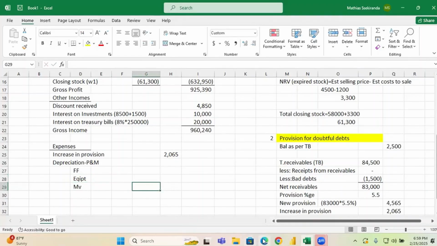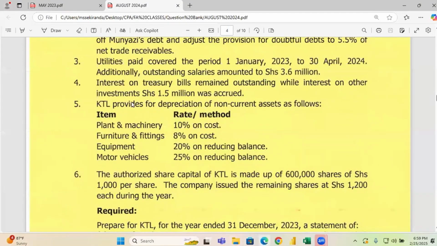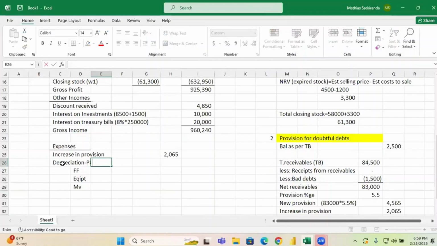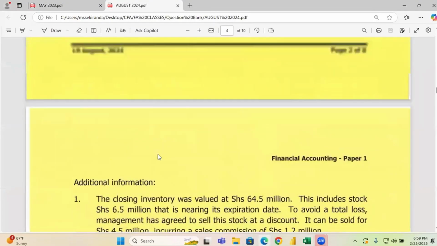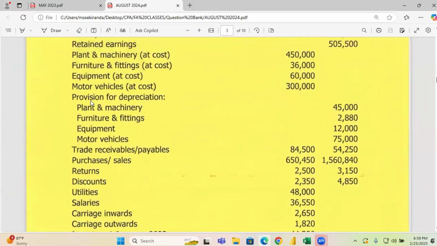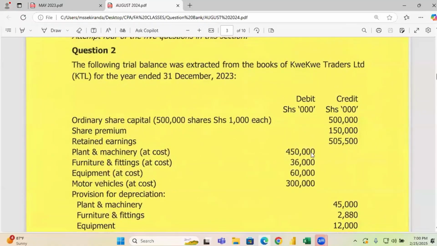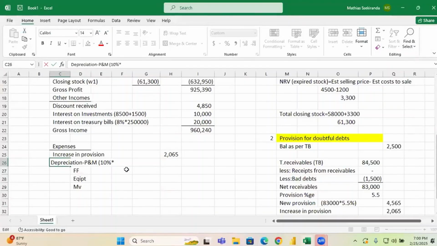Now, the examiner is telling us in note number 5 that we depreciate plant and machinery on cost, furniture and fittings on cost. On cost simply means you get the percentage that the examiner has given you. So 10% for plant and machinery times the cost given by the examiner, 450.